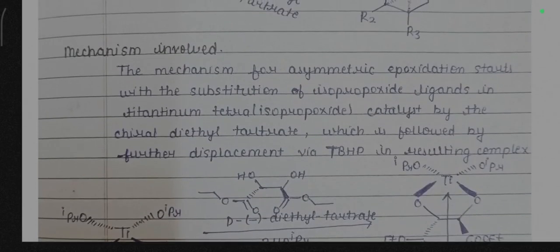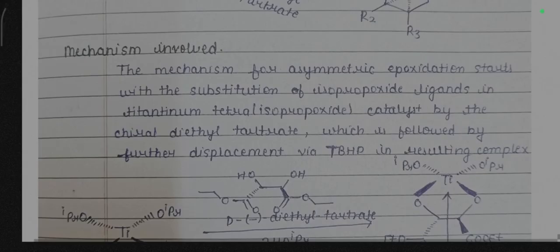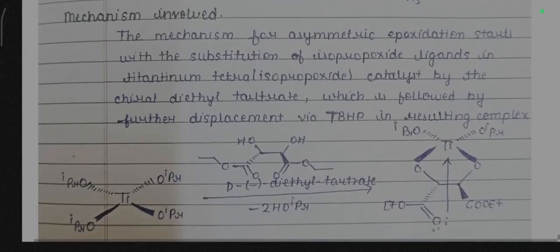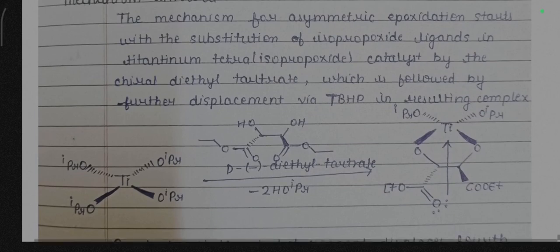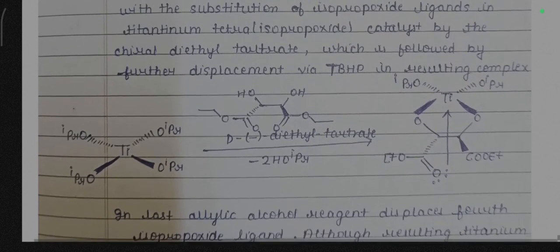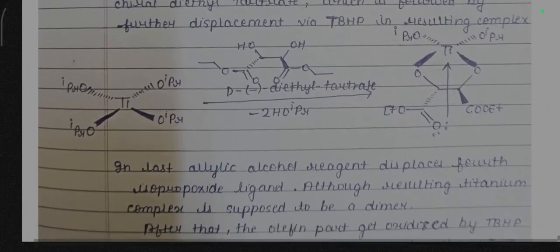The mechanism for asymmetric epoxidation starts with the substitution of isopropoxide ligands in the titanium tetraisopropoxide catalyst by the chiral diethyl tartrate, which is followed by further displacement via TBHP in the resulting complex.